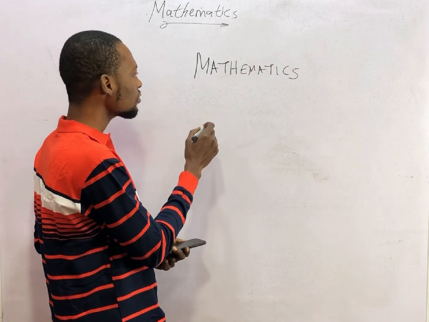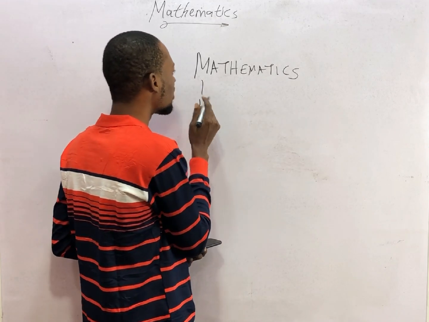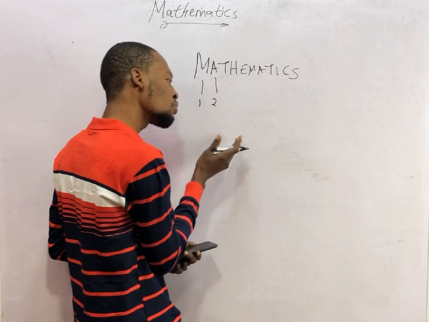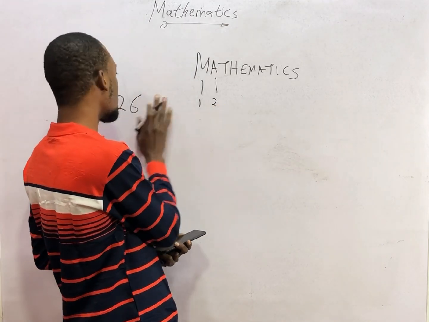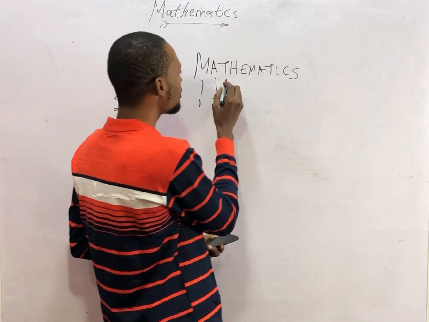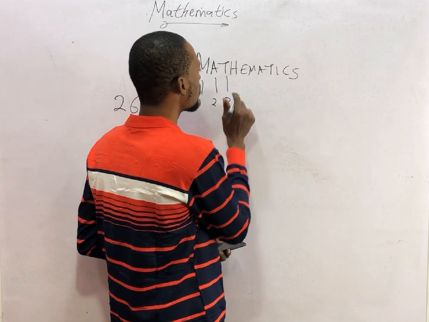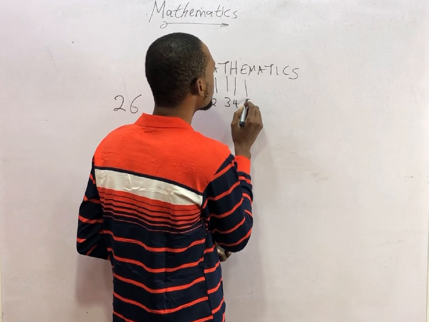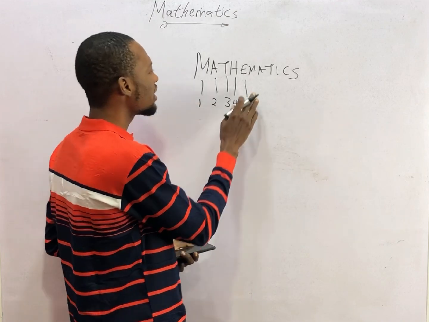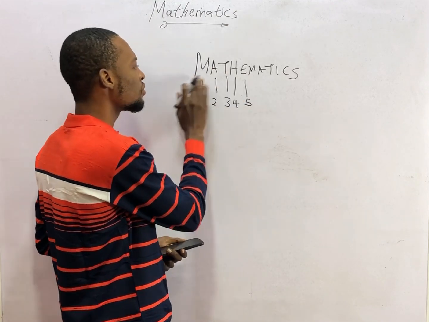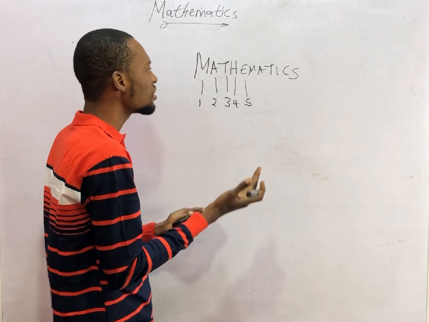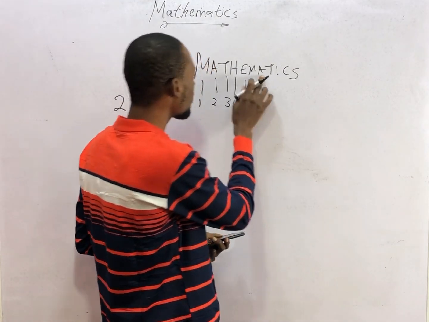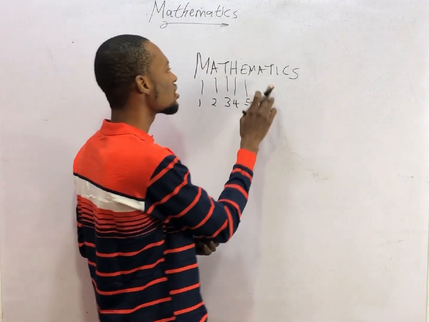Let's see. M is 1 of the 26. A is 2, which means so far we have 2 out of the 26. T is 3. H is 4. E is 5. M, we already have M. M is repeated, so we don't need to add another M. A, we already have A, so no need.